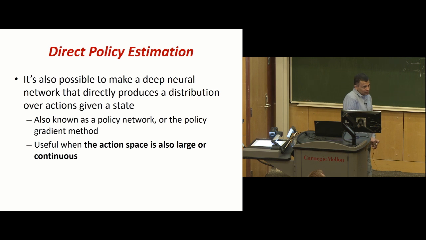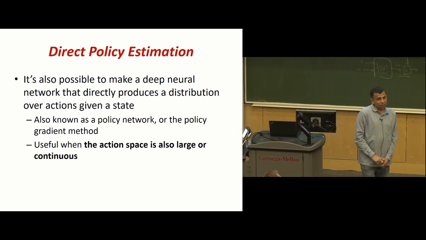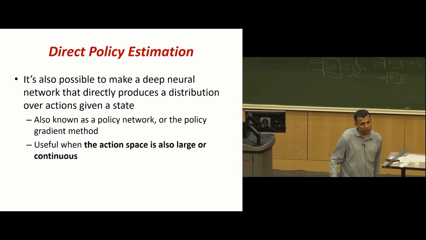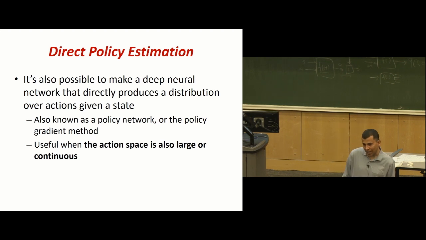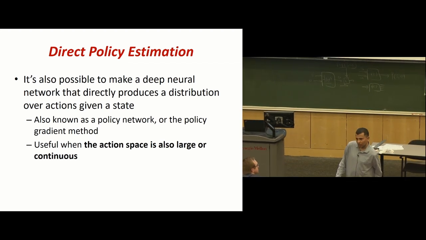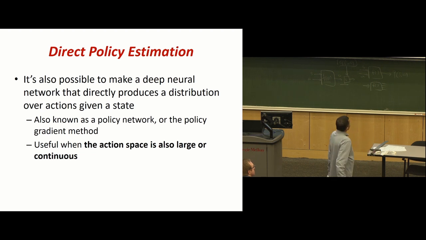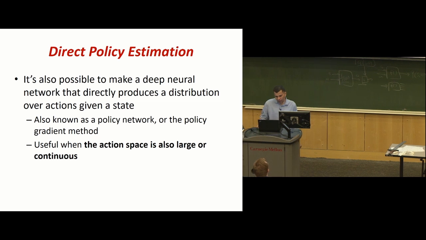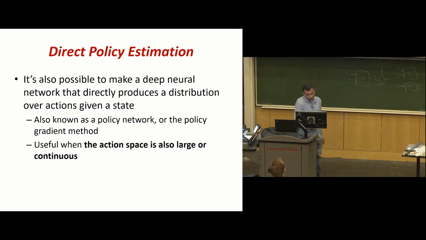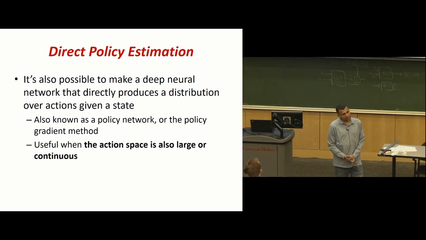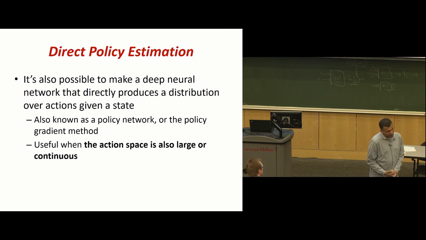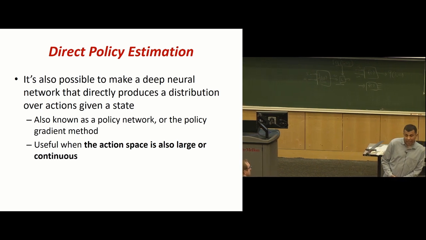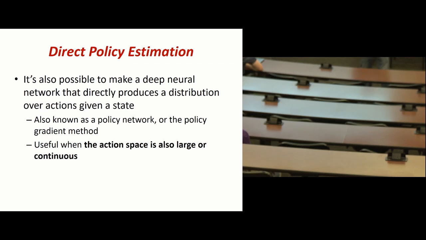So in these cases, what you want is something better. You want something that actually directly gives you the policy. It says if you're in state X, here's what you're supposed to be doing. And so in that case, we end up with direct policy estimation, which is also a deep neural network in our case. It gives you a policy function, which gives you a probability distribution over actions.